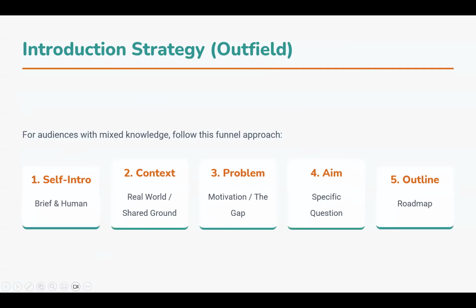What is the introduction strategy? Now keep in mind the outfield, can you remember the outfield? The people who are not known to your study much. For audiences with mixed knowledge, look at this funnel approach. We call this the funnel approach. You start with a self-intro. You brief and you act like a human telling what and who you are doing.